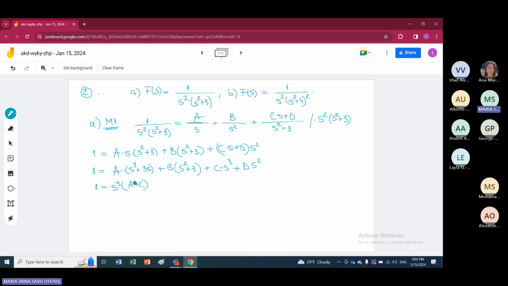A plus c, okay, here, plus s squared times b plus d from here and here. And you have 3 times a times s from here and plus 3b from here. Okay, so you get that a plus c is 0, that b plus d is 0, then 3a is 0 because you don't have s here, and 3b is 1.